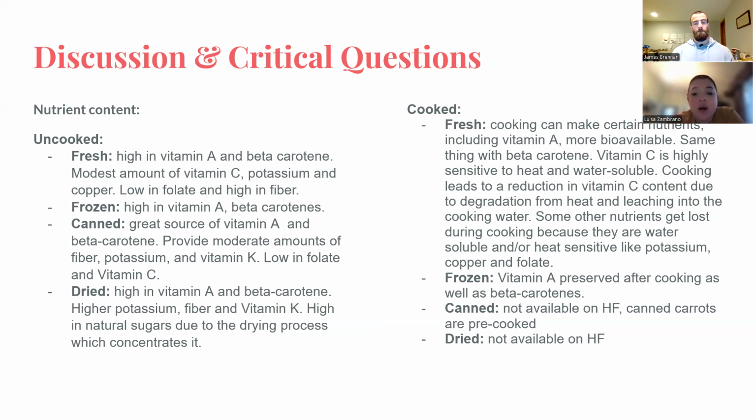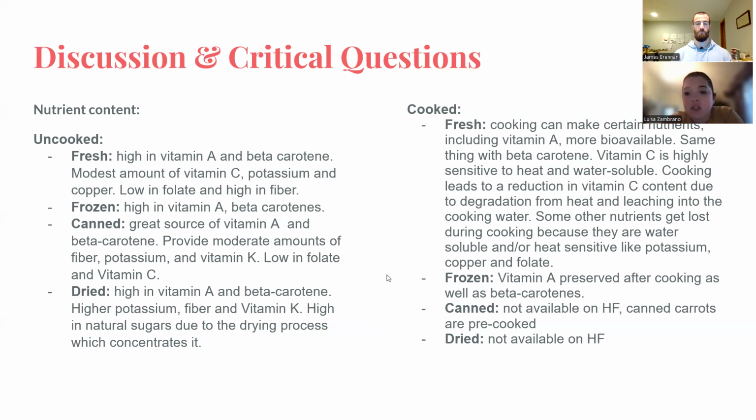And for the dried uncooked carrots, they were high in vitamin A and beta carotene, higher in potassium, fiber, and vitamin K. And they were actually high in natural sugars. This is due to the drying process that it previously had, and it actually concentrated the sugars. For the cooked versions of the fresh carrots, the cooking actually makes certain nutrients, including vitamin A and beta carotene, more bioavailable.